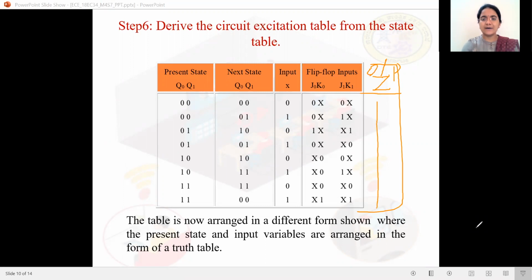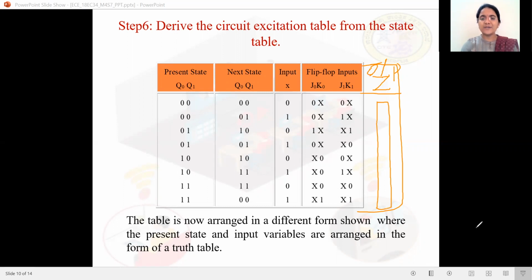If it is a Mealy circuit, we will be having the output for each of the transitions, and for the Moore machine, we will be having this output for the states. It depends only on the state variables. It doesn't depend on the X, that is the input variable. So we'll be having the output Z.